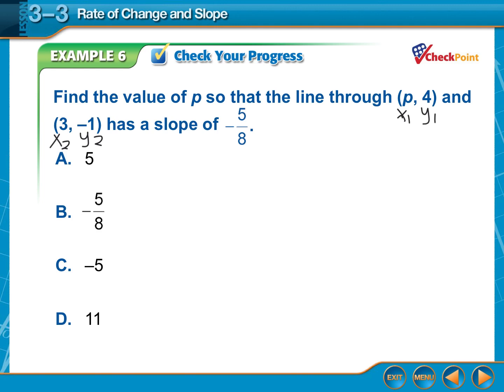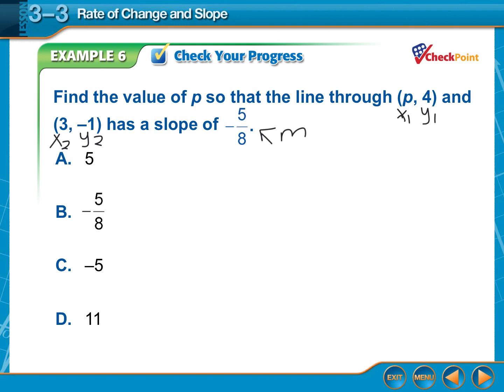The slope. What letter signifies slope? M. Okay, so we have our regular equation that m equals y2 minus y1 over x2 minus x1. We're still using that equation, plugging in everything we know.